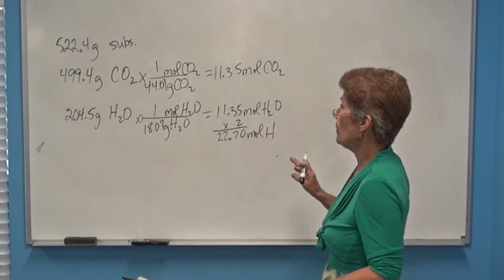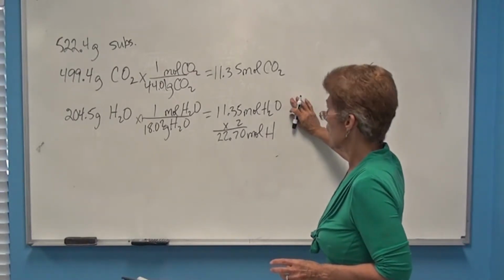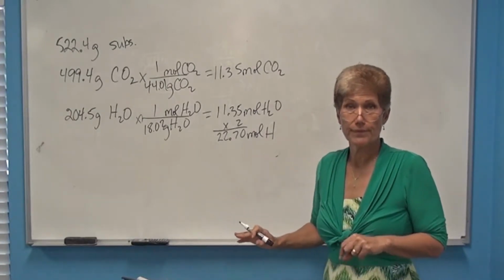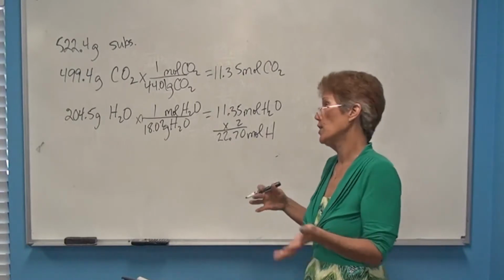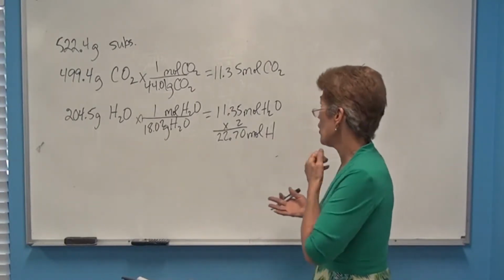Now, we need to know how many grams of carbon there are so that we can figure out how much oxygen is floating around there. Because if we can figure out the grams of oxygen, then we can figure out how many moles of oxygen there are.